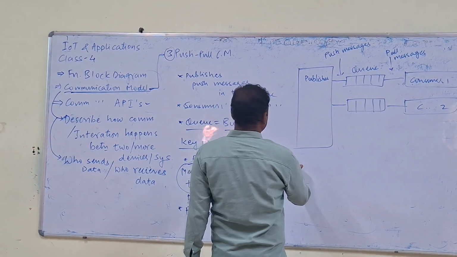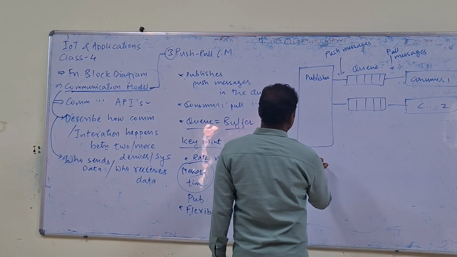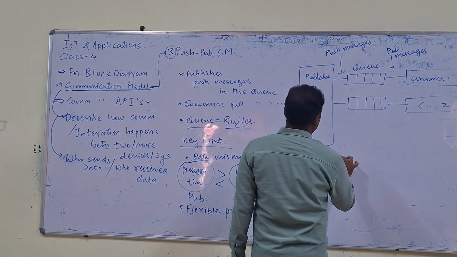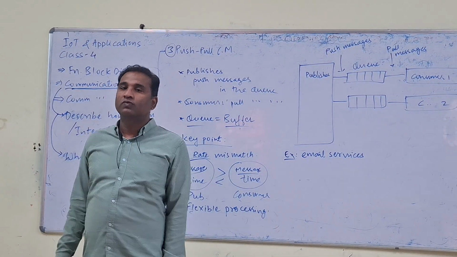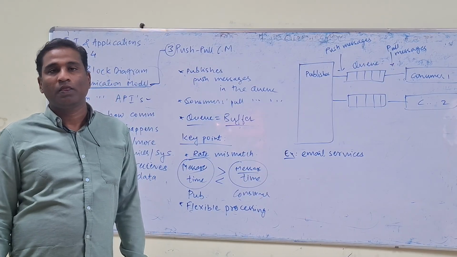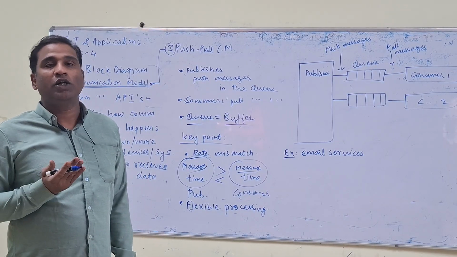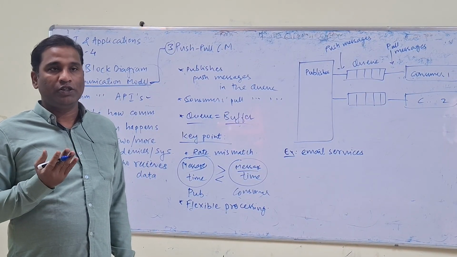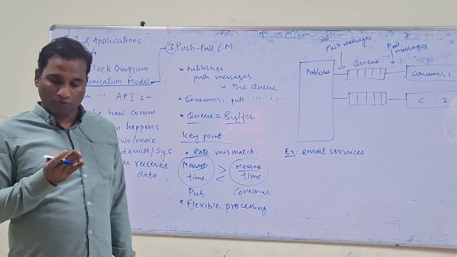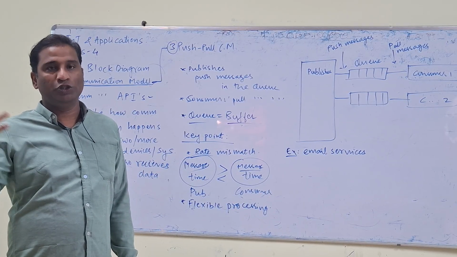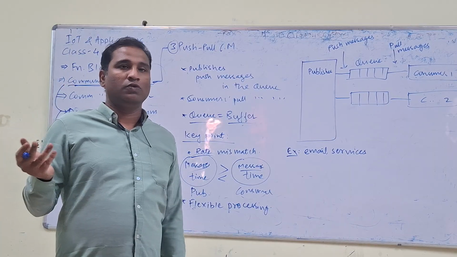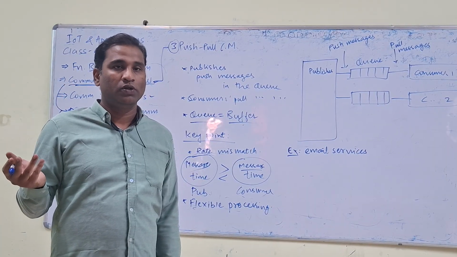Example, the most classical example is your email services. Here I have put network connectivity. Airtel is 5G. I will send you the mail, but you are using Geo, whose network is not good.